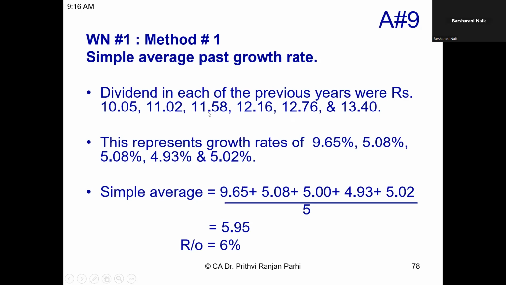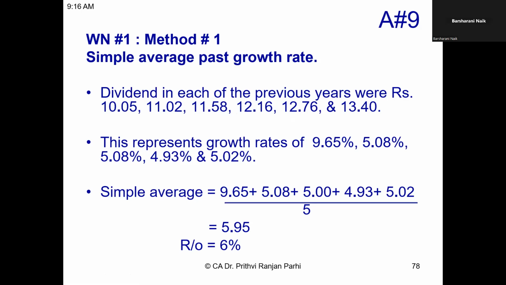Similarly, between these two, growth rate can be computed like this: 11.58 minus 11.02, the whole divided by 11.02. And between these two numbers, growth can be computed like this: 12.16 minus 11.58, whole divided by 11.58.